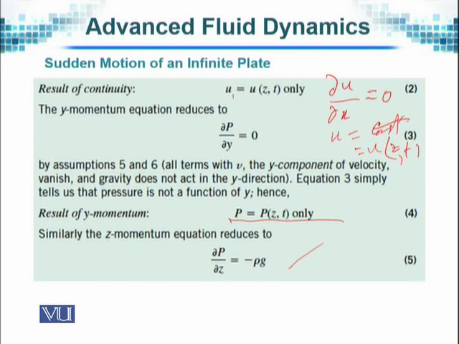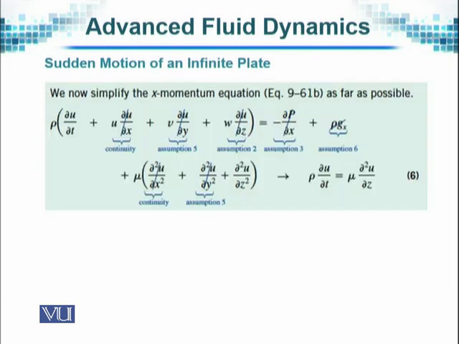So this is the non-zero term, and from this we come to the first equation of momentum that we write, and that is in the x direction. The x component of momentum equation, if we write in totality, is this, as you can see. Since u can possibly depend on either t or z, du by dx is 0.